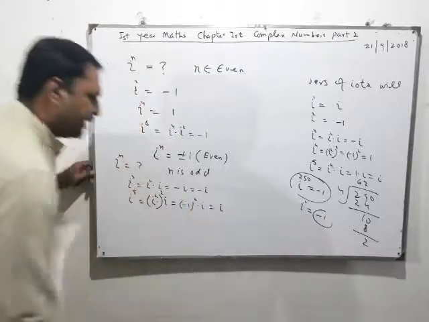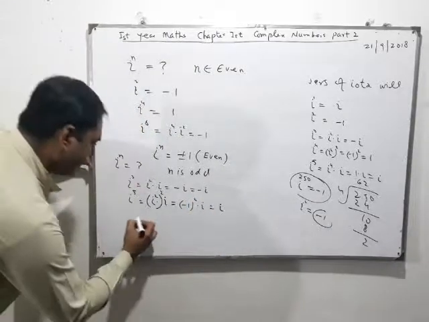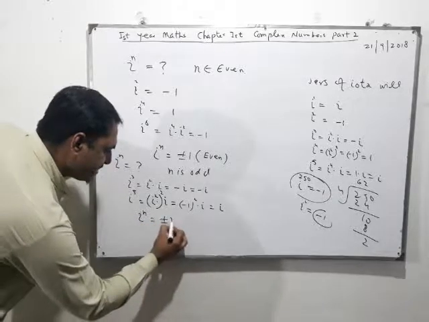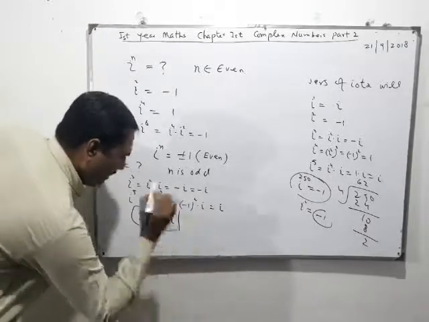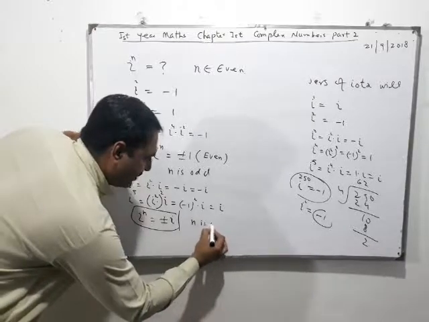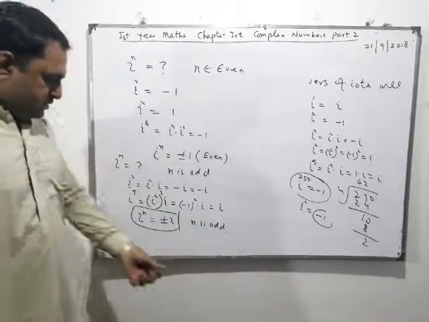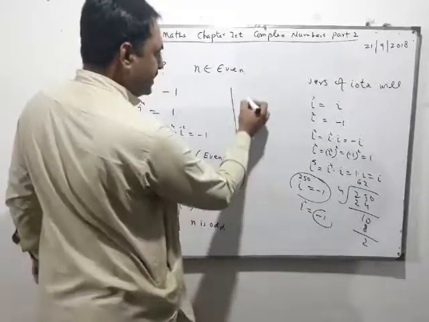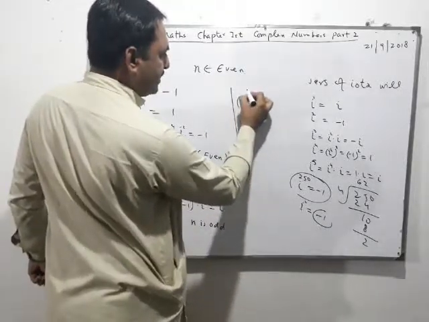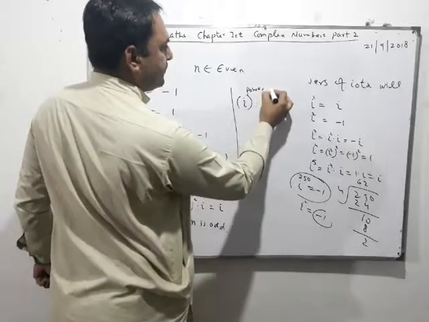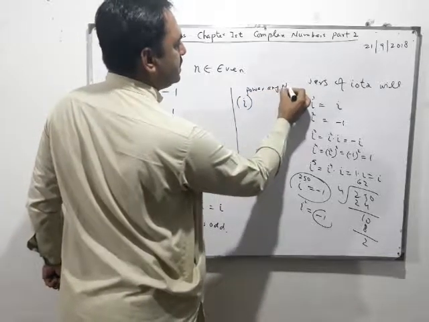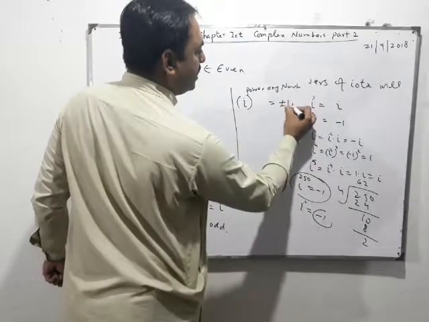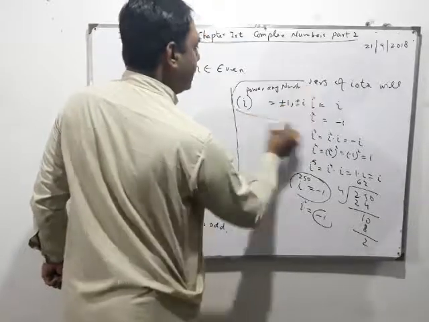So this becomes iota. This means that when n is odd, iota power n equal to plus minus iota. So from this we learn that iota power any number, the output will be plus minus 1 and plus minus iota.